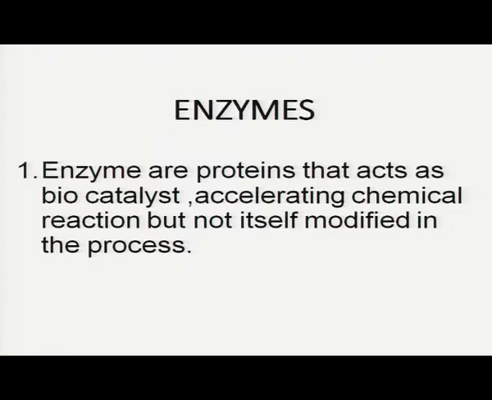Enzymes are proteins that act as biocatalysts. You know the term catalyst in chemistry, a catalyst which accelerates the rate of reaction. Here the prefix bio along with catalyst means it acts as a biocatalyst. It also accelerates the chemical reaction, but is not itself modified in the process.